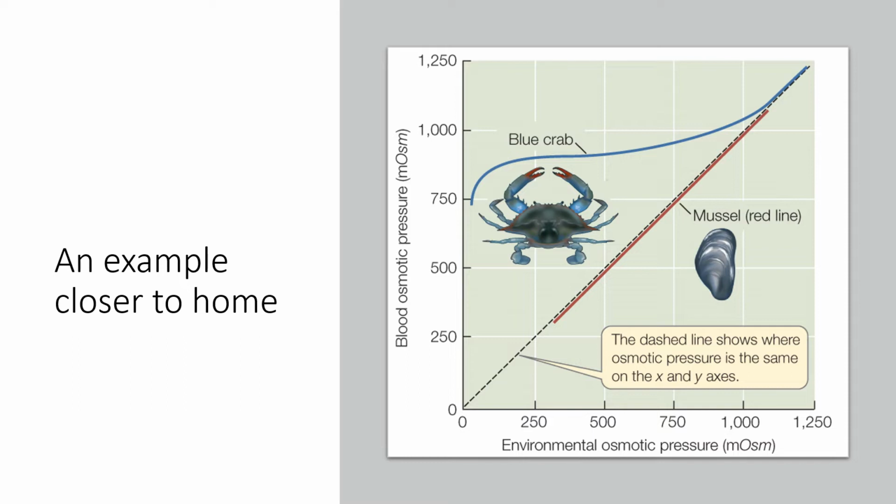But by and large, it's a very good osmoregulator, which shouldn't surprise you since it crosses huge ranges of salinity in its lifetime. Compare that to a mussel, which are usually found along the shoreline and mostly marine environments, then you can see that that's a really strict osmoconformer across the range that it's generally found in.